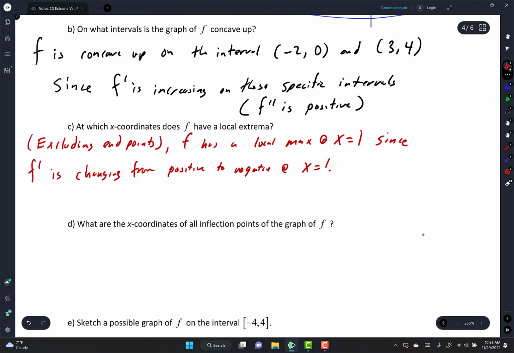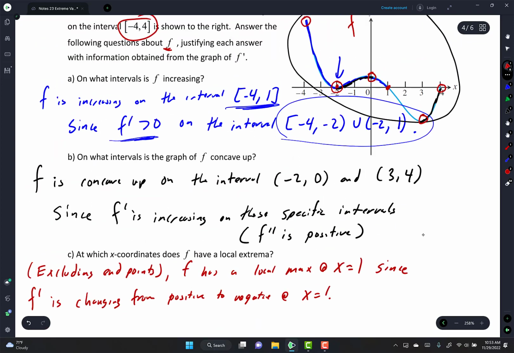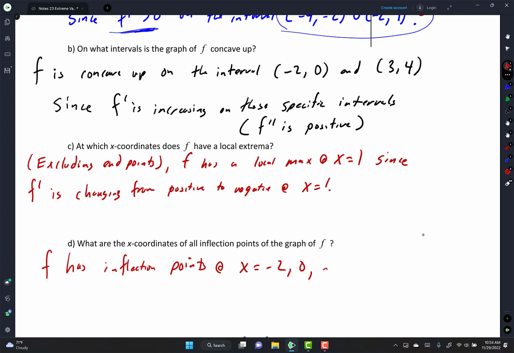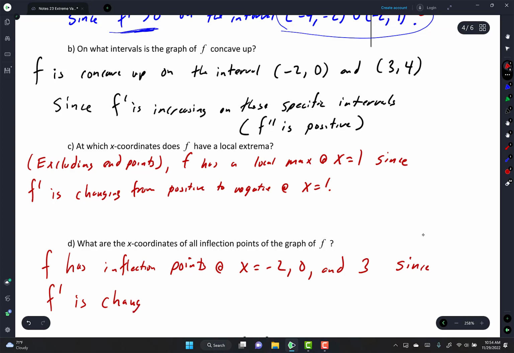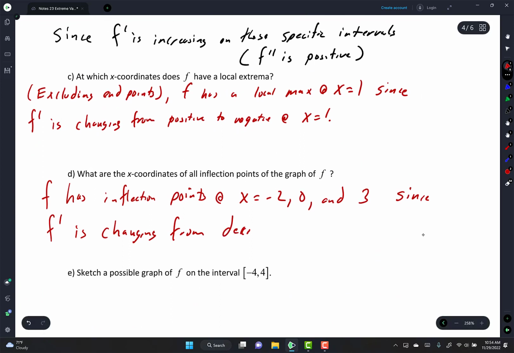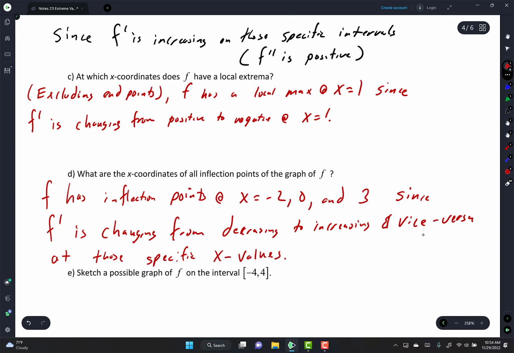F has inflection points at x equals -2, 0, and 3, since f prime is changing from, and you always want to say the first one first, decreasing to increasing, and vice versa at those specific x values. Perfect.